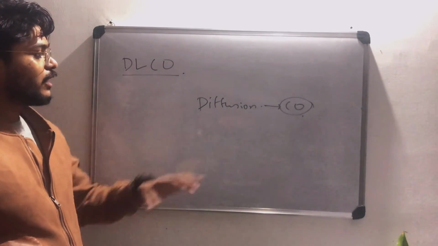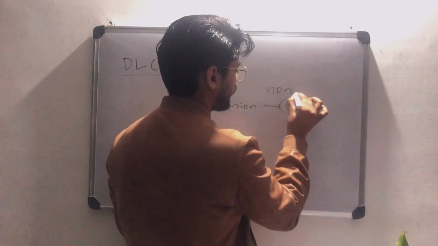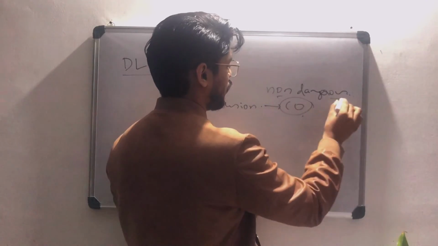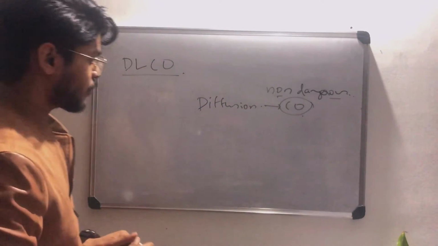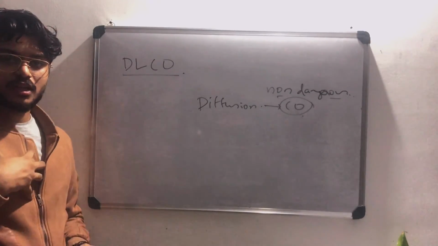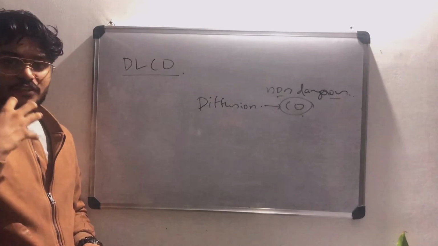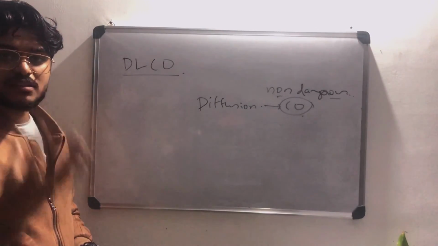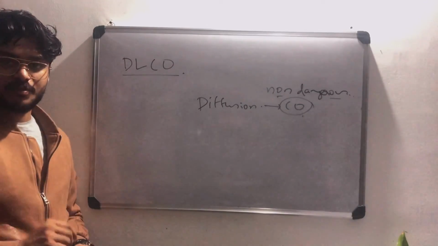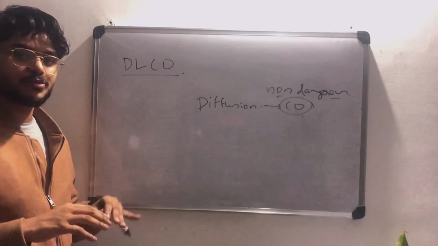So we need to use carbon monoxide, but non-dangerous carbon monoxide. We are giving a certain amount of carbon monoxide, and we are measuring the partial pressure of carbon monoxide found in the exhaled air. So we will know how much is being taken, right? Minus the exhaled amount, we will know how much is being taken.